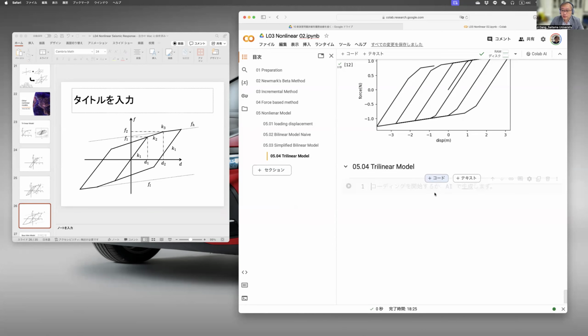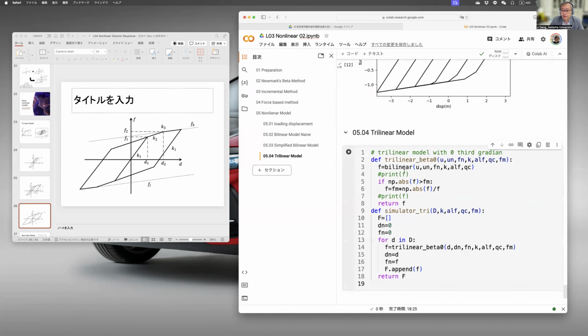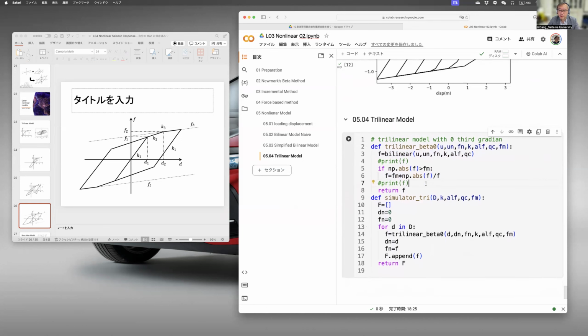First, let's do a very simple one. A trilinear model with zero beta: you just do a bilinear model, and then if the force is larger than Fm, you set it to Fm. Same as the bilinear rule, right?